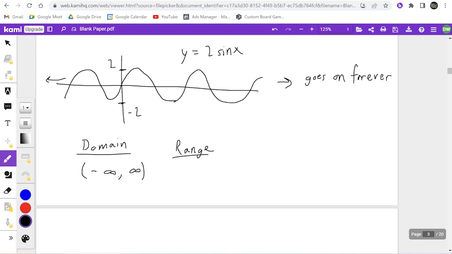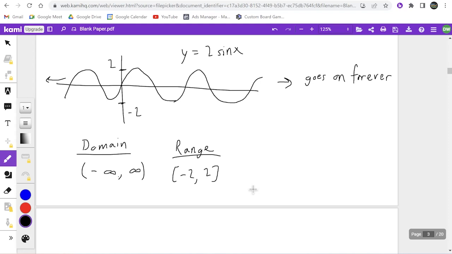So therefore your range, since it's your y values, is negative 2 to positive 2. Why did I put square brackets? Because I am touching negative 2 and positive 2. It's not an asymptote, it's not a hole in the graph. You're touching 2 and negative 2. So domain and range are the easy ones for this one.